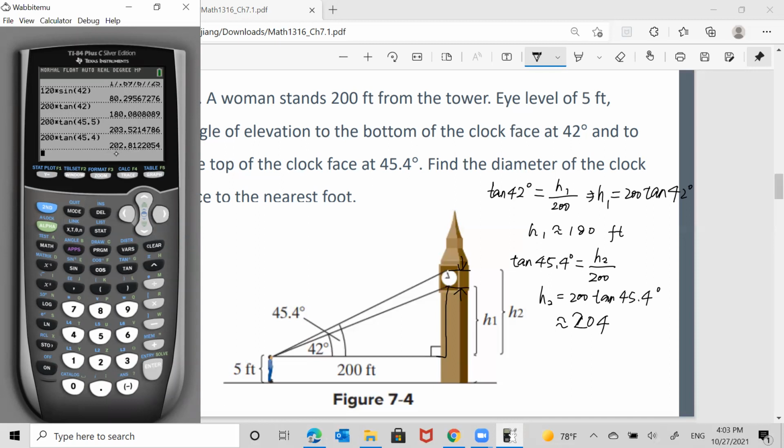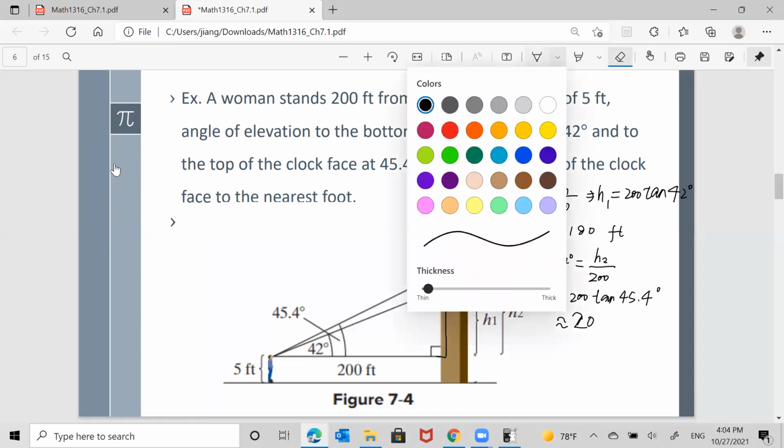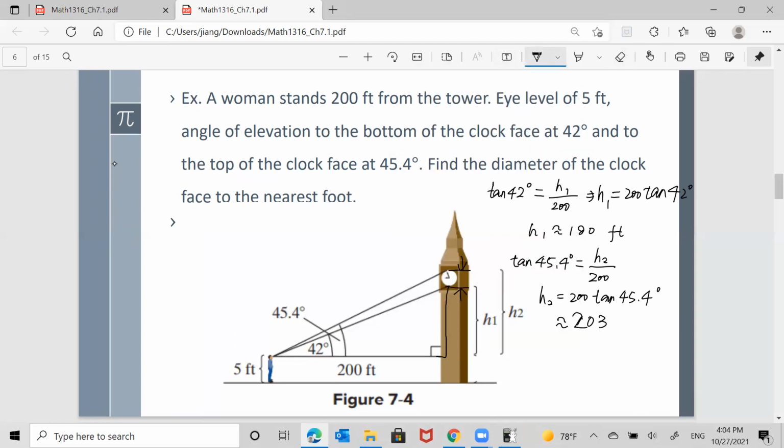So it's 202.8, which means I keep 203. So correct it: 203. So the diameter equals H2 minus H1, which is 203 minus 180. That's about 23 feet.